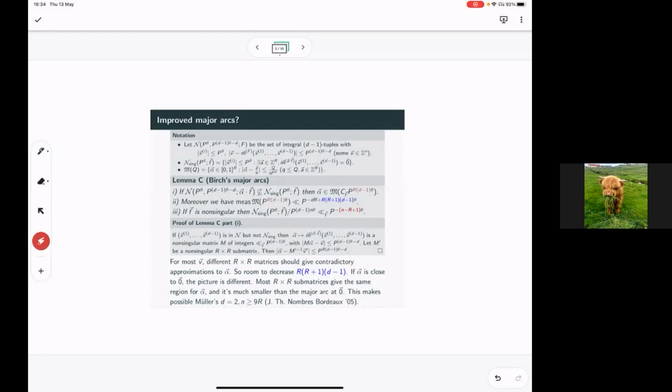And my claim was that one ought to be able to interpret this as a condition not just on alpha, which is what Birch does, but also on V. And in some sense, this should give more room as capital R grows larger. And that last part I wasn't really successful in justifying, but that's the claim I'm making. And repulsion from this point of view is finding a special case, that is when alpha is in a region of 0, when you can really do this in a kind of trivial way, when you can force V to be 0.